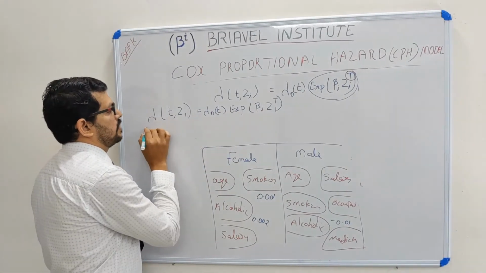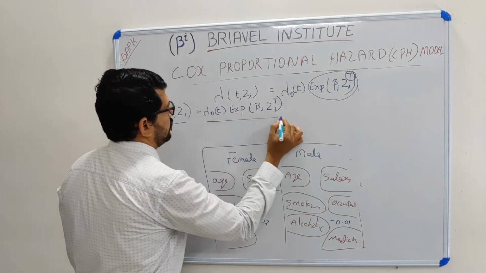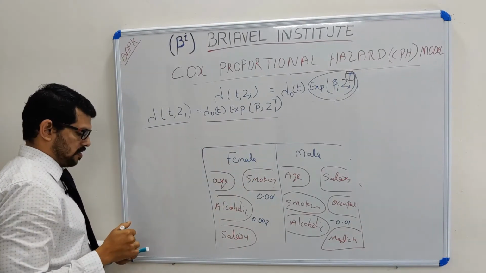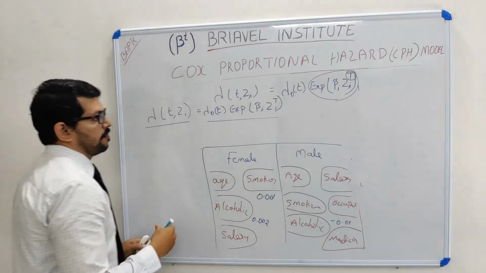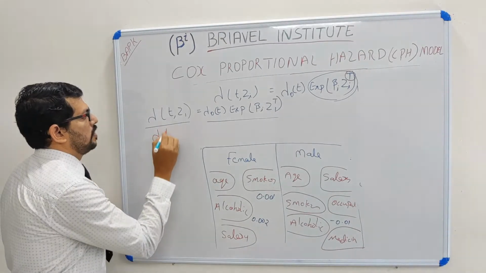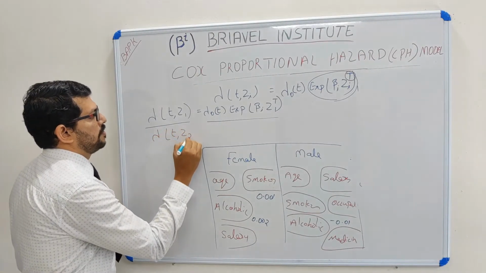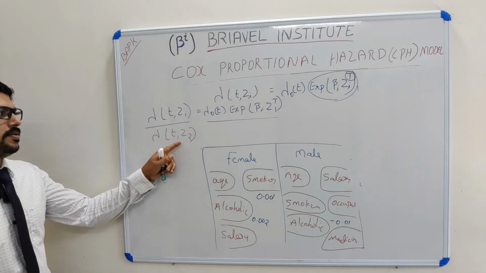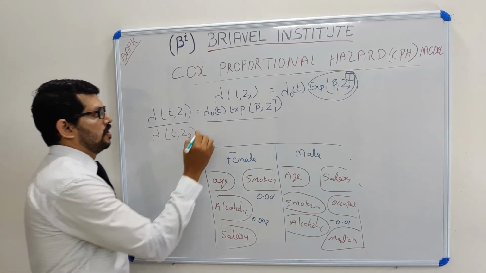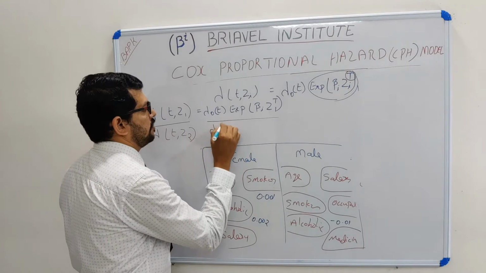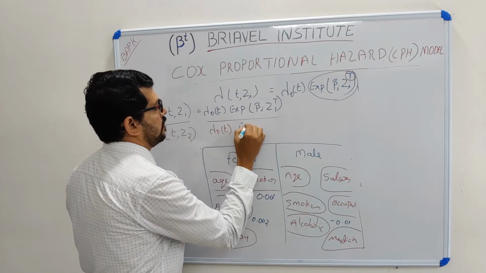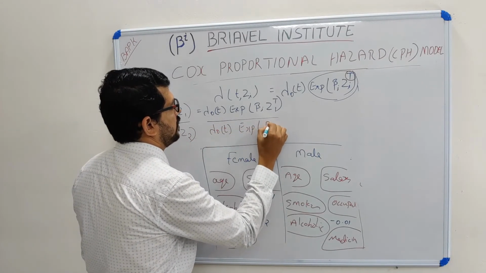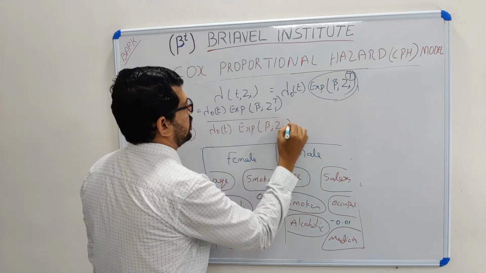This we can compare with lambda t comma z2, where z2 is a second covariate: lambda 0 t exponential beta z2 raised to t.